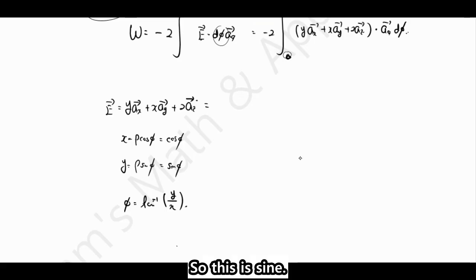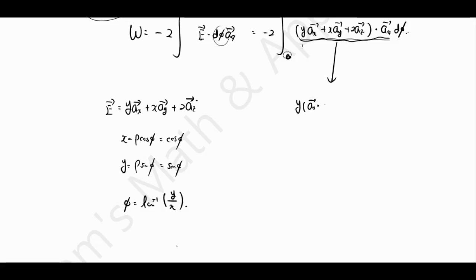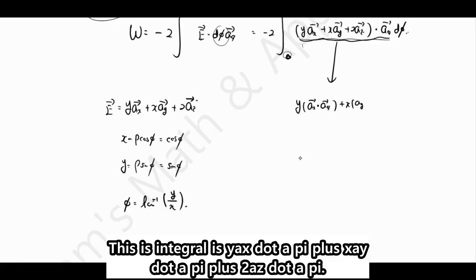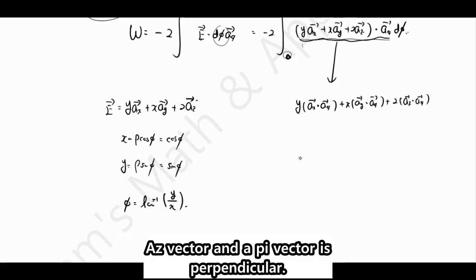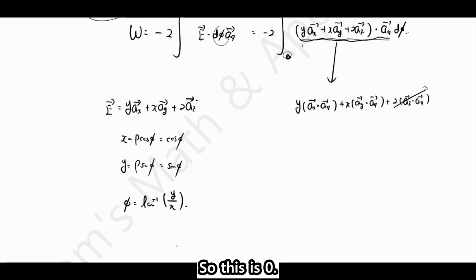So firstly we calculate this. The integrand is y ax dot a phi plus x ay dot a phi plus 2 az dot a phi. The az vector and the a phi vector are perpendicular, so this is 0.